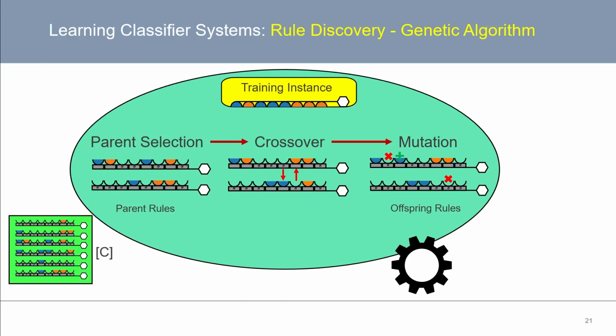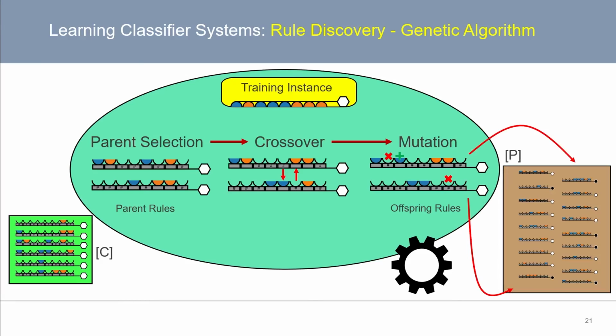So in this example, the top rule generalizes the second feature and specifies the third, where this newly specified third feature value will correspond to the feature value in the current training instance. And again, this ensures that this new rule will still match the current training instance. And in the bottom rule, mutation has generalized the 7th feature. These new offspring rules have their parameter values initialized, and then they're added to the rule population.